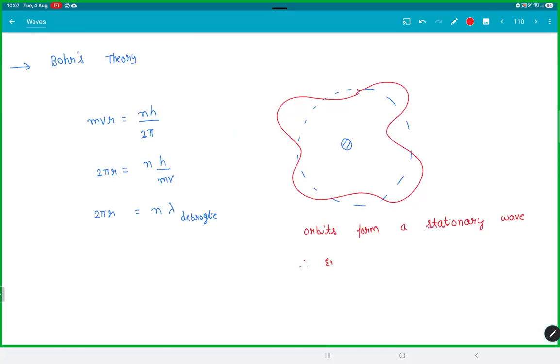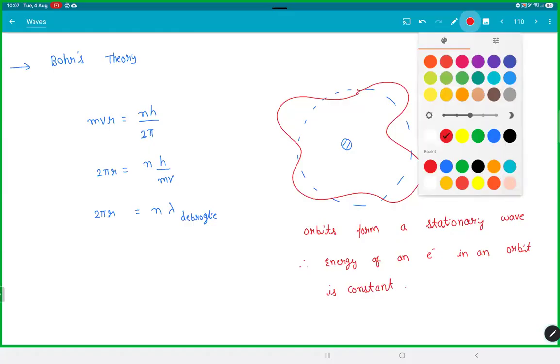Therefore, energy of an electron is constant in an orbit. It doesn't collapse. That is how we can frame this. If you can relate the words stationary orbits and stationary waves, now you will see. Clear with this? That's how you can play around.